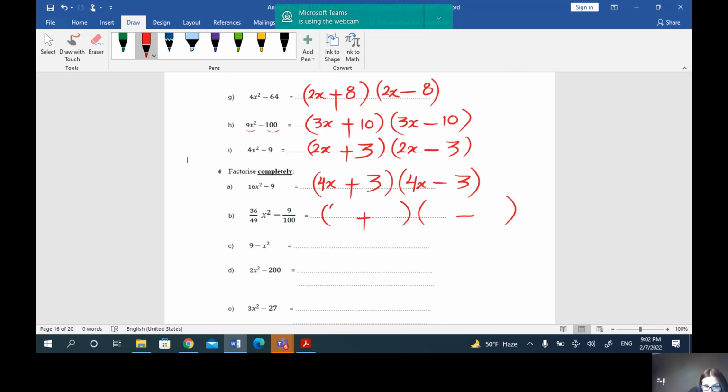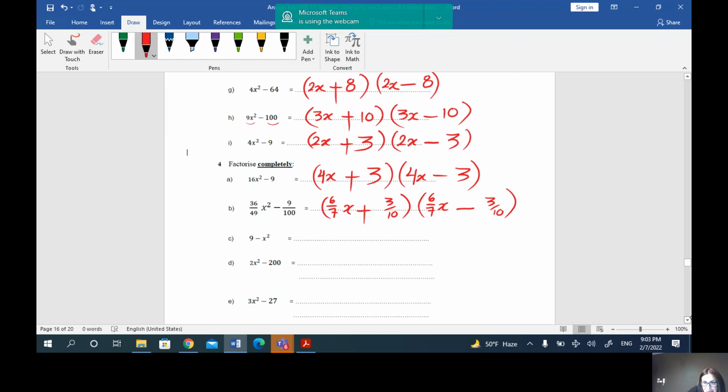So this one will be 6 over 7x, and here 6 over 7x, and 9 over 100 will be 3 over 10 times 3 over 10.